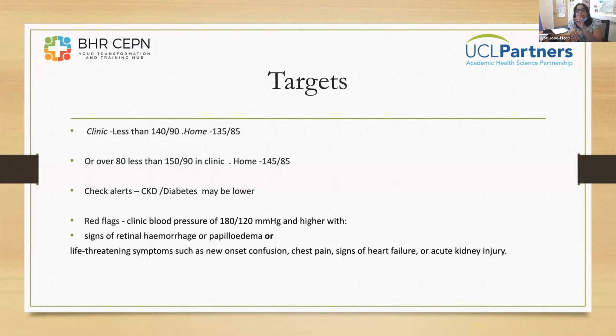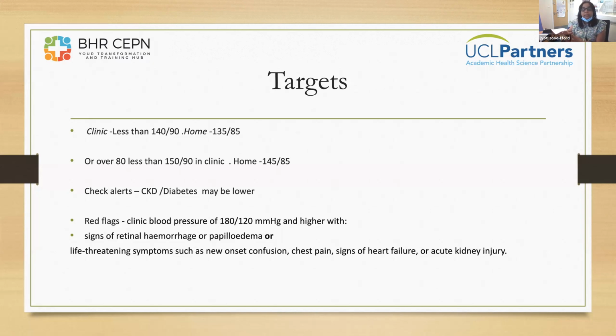Now, I just want the clinician here to be aware that if the patient has CKD, chronic kidney disease, or diabetes, particularly if they've got some protein passing in the urine, the target may be even lower than this, because we are now using the targets for patients with CKD and diabetes rather than hypertension on its own.